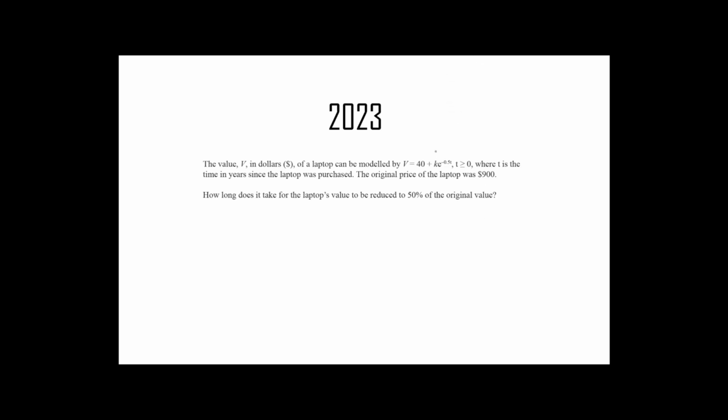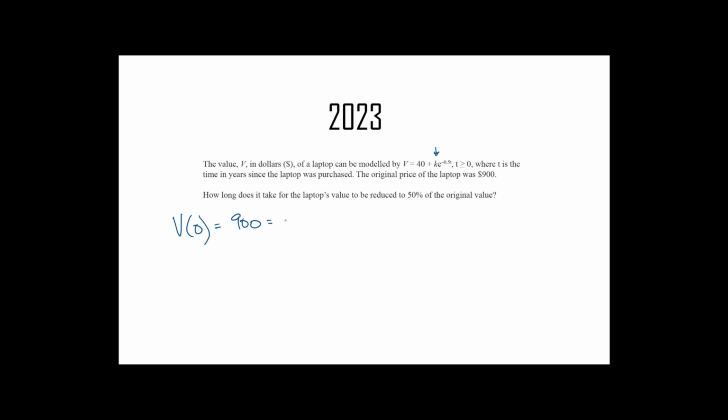Okay, well, the first thing that's bothering me is this K. We need to solve for K before we can do anything. We're given a little bit more information than it might look. We're told that the value at time 0 is 900. So when t equals 0, V equals 900.